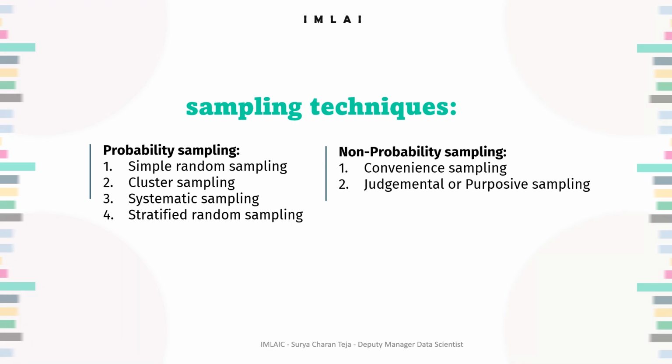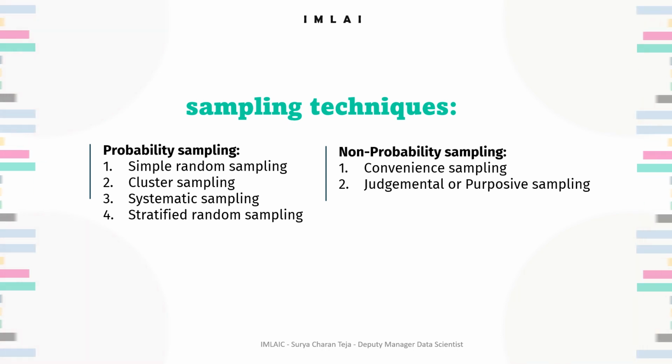Then judgmental or purposive sampling. This is again a non-probability sampling technique where individuals are selected based on the researcher's judgment or specific criteria. This method is often used in qualitative research where the focus is on understanding specific experiences or perspectives.